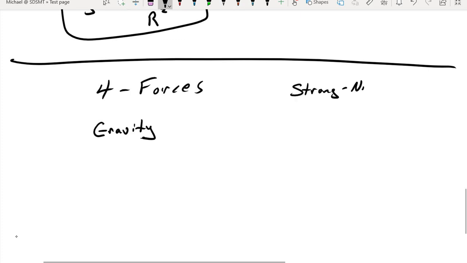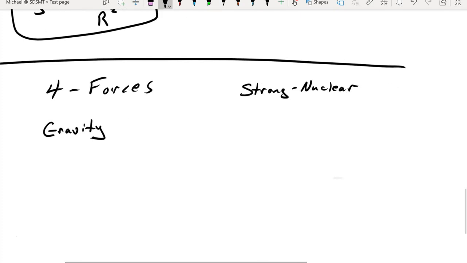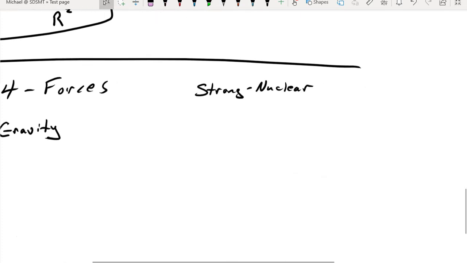And so those 4 forces, which include gravity, the first one is going to be the strong nuclear force. And this is the force that is responsible for holding together the nucleus of atoms. And we'll talk about that a little bit more in a moment.